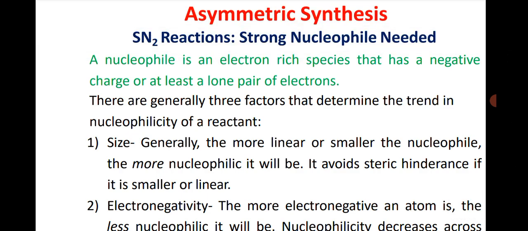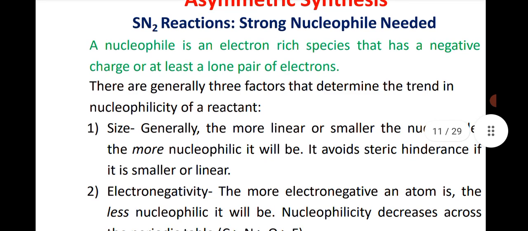There are generally three factors that determine the trend in the nucleophilicity of a reactant. These are the three factors involved in deciding the nucleophilicity of a nucleophile, that is, which one is going to be a strong nucleophile, and which one is going to be a weak or moderate nucleophile.